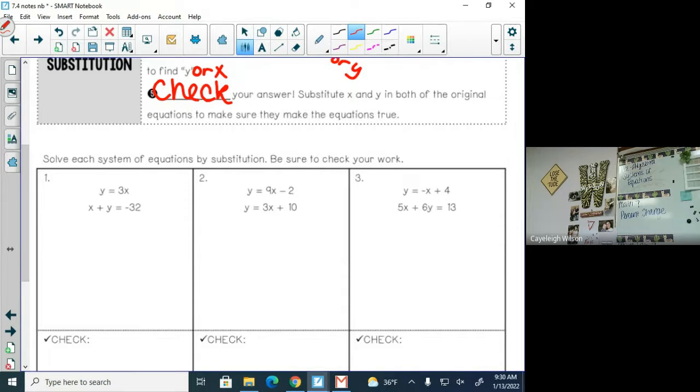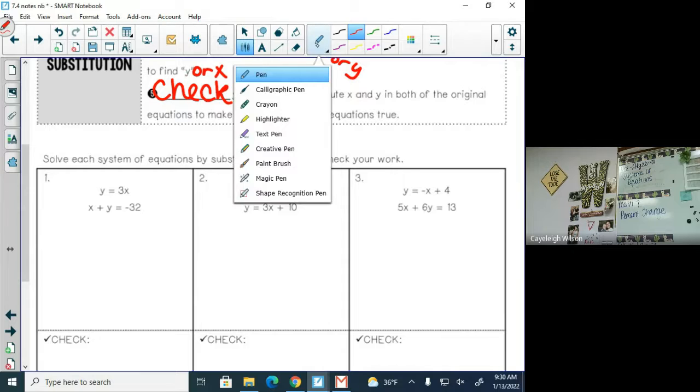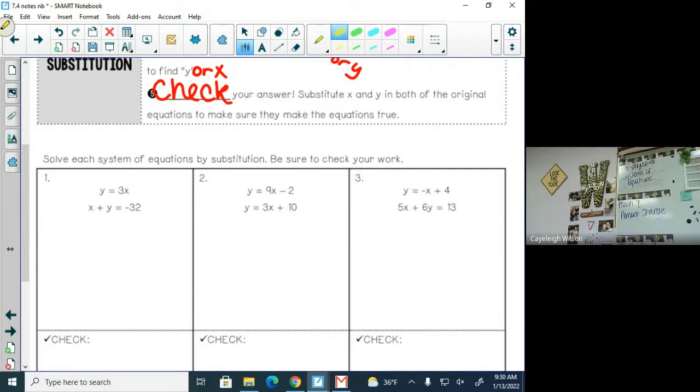Okay, and I see that it says y equals. So here's your highlighter. You're going to highlight what that y equals. So y equals 3x. You're just going to highlight just the 3x part. And you're going to take that 3x and you're going to substitute it into the other equation.